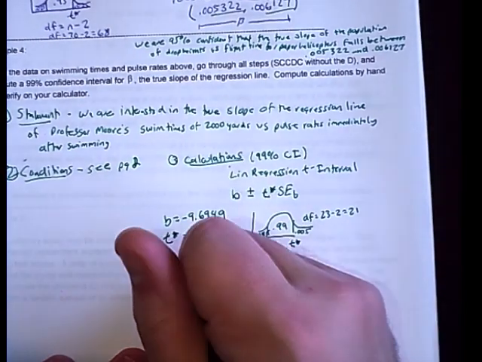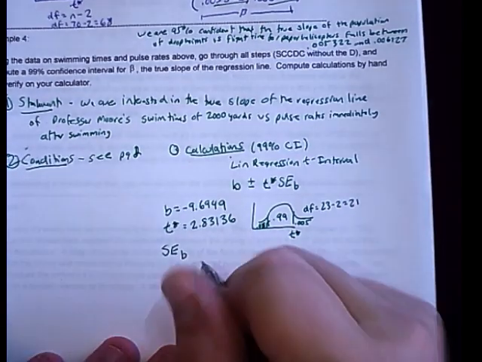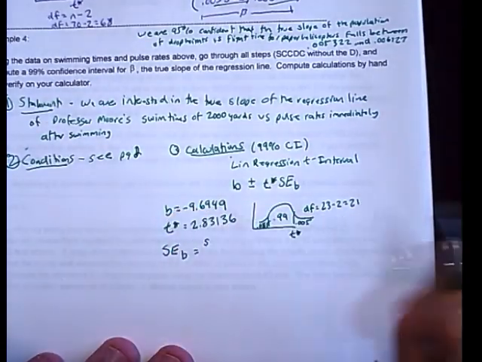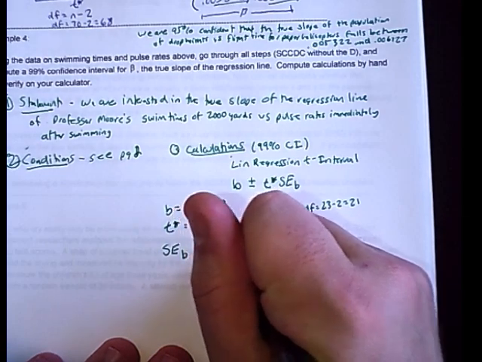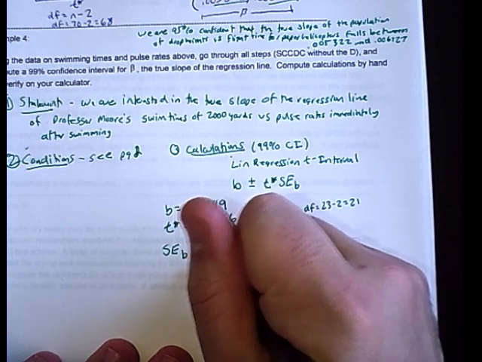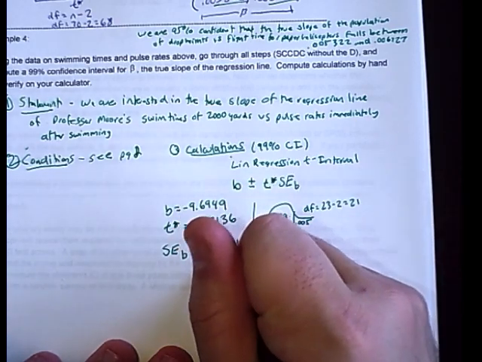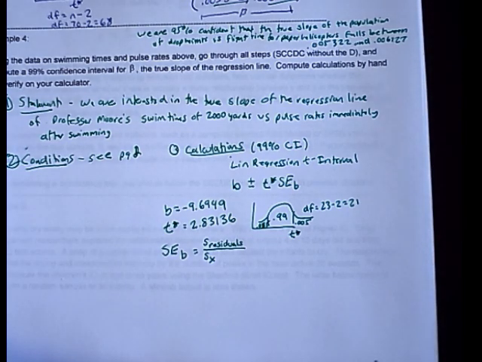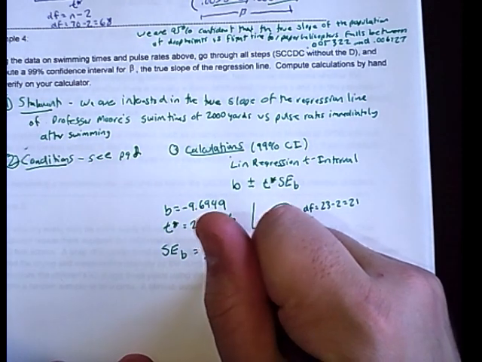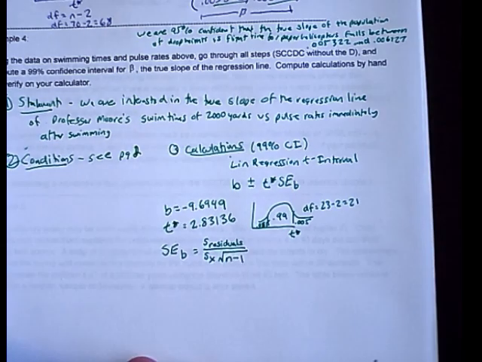Now, how am I going to find SE of B? It's going to be a little bit harder. I need the sample standard deviation of the residuals over the standard deviation of the X values times the square root of n minus 1.